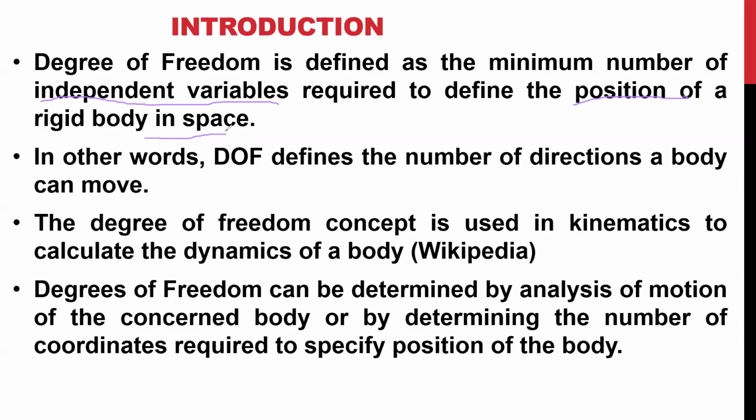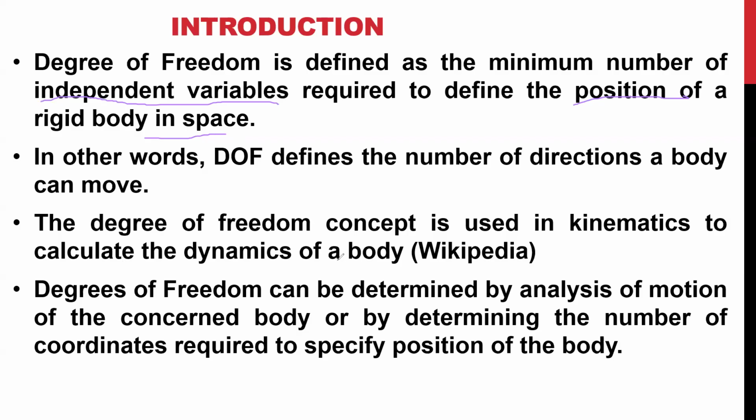In simple terms, the DOF or the degree of freedom defines the number of directions a body can move, right? The degree of freedom concept is used in kinematics to calculate the dynamics of a body. Later on, when we start to look at velocity and acceleration, we are going to apply the degrees of freedom.